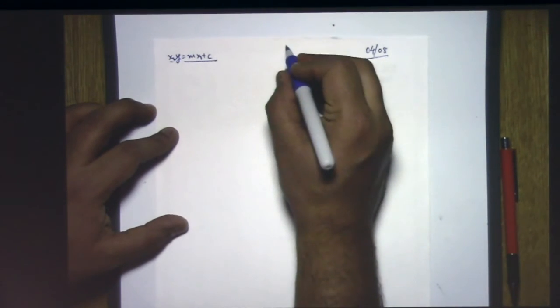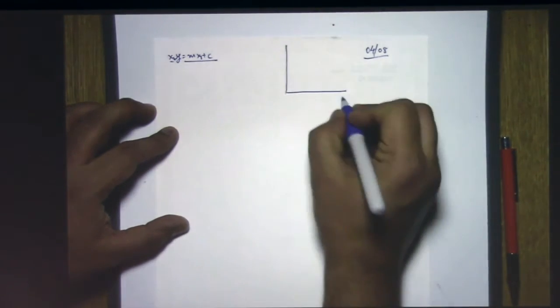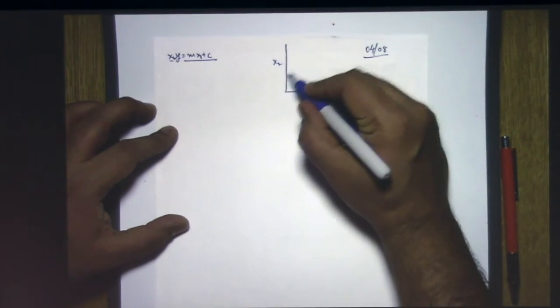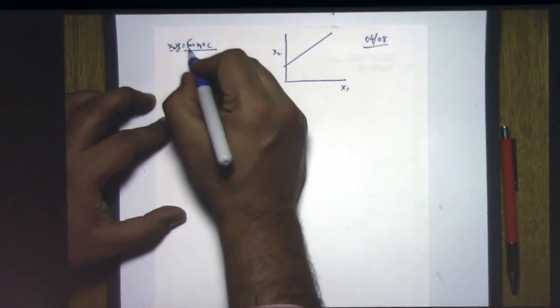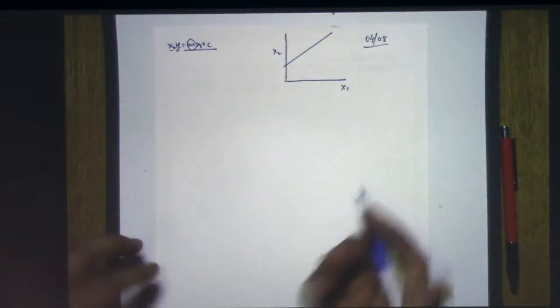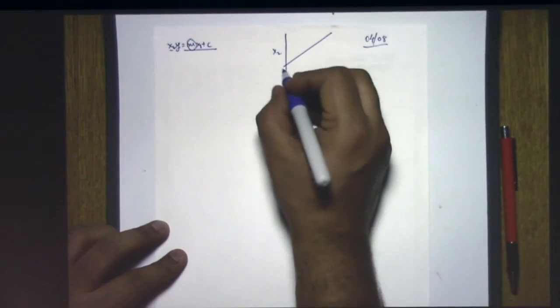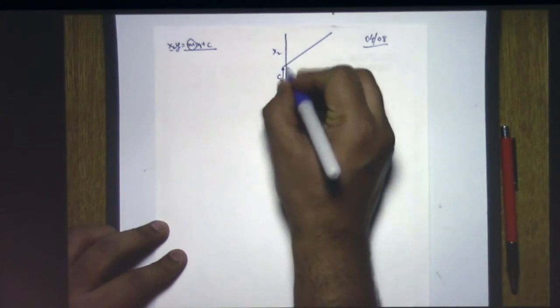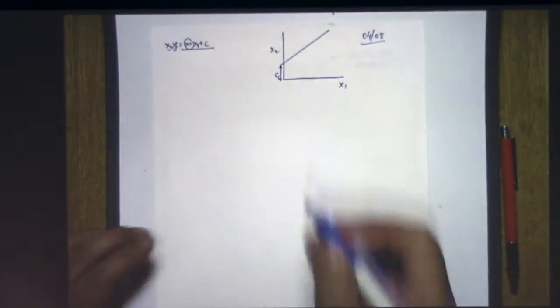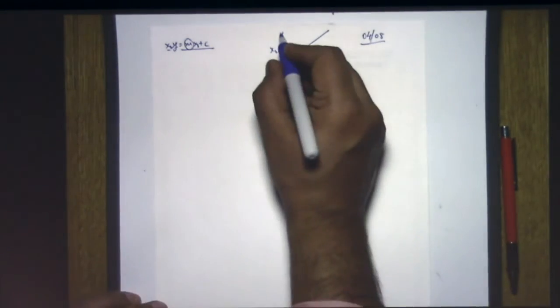So typically we write it as x2 equal to mx1 plus c, if you remember, right? So let's say this is x1, this is x2, right? Then this line essentially means that this m controls the slope of this line, right? And this c is the intercept on the y-axis or x2 axis, right?